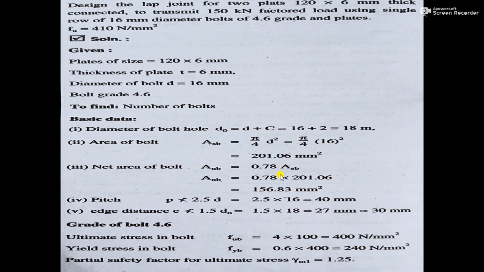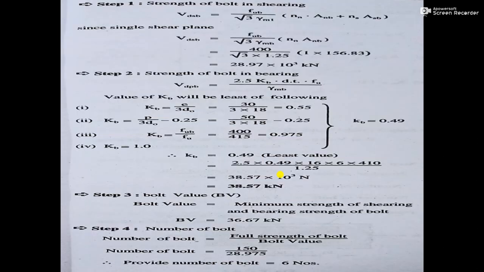All these values we are going to use in the next step, that is step number 1. In that, strength of bolt in shearing, that is VDSB. That formula, as given in the last lecture, is VDSB is FUB upon root 3 gamma m1 into NN into ANB plus NS into ASB.